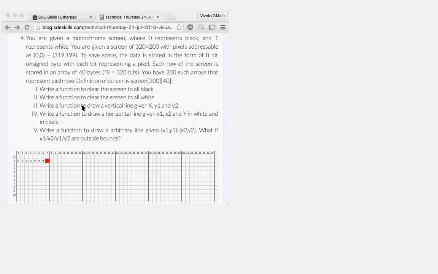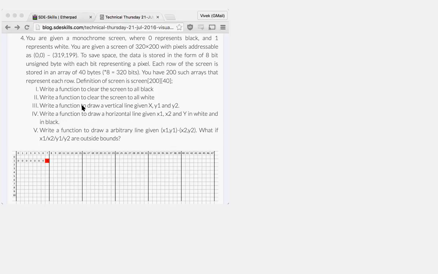The next one is, how would you clear the screen all white? Just set everything to 0, then flip the entire two-dimensional array byte by byte, using a NOT operator. Or just OR it with 1 1 1 1 1 1 1 1, that's all ones.